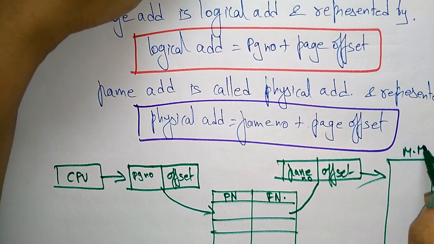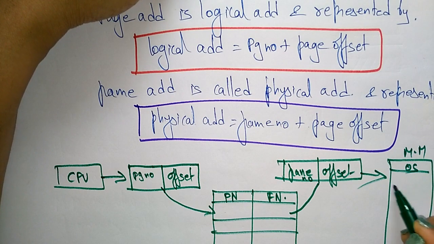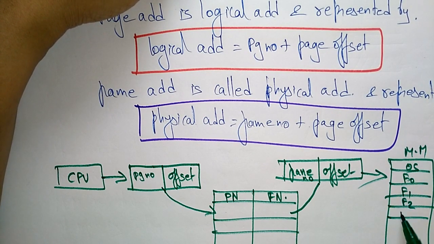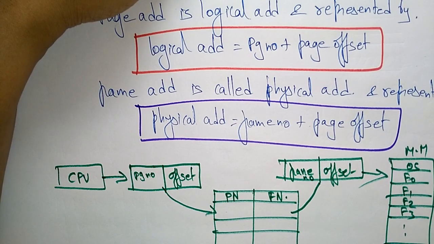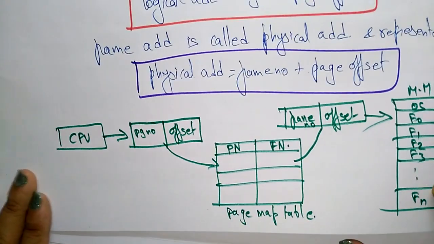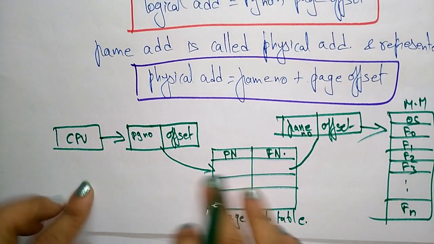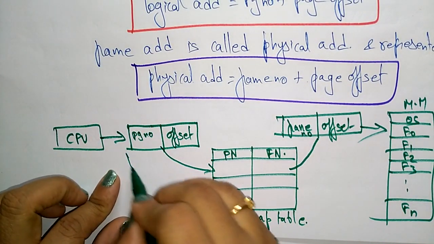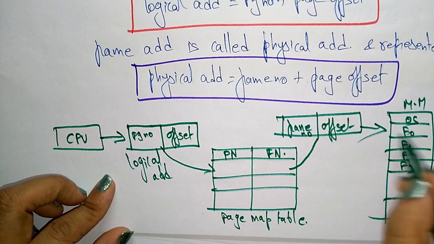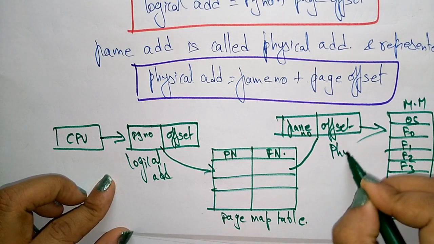This is the main memory: first the operating system, then frame 0, frame 1, frame 2, frame 3, up to frame n. This is how address translation is done. From the CPU we get the logical address, and when you want to access the main memory, you have to convert it into a physical address.